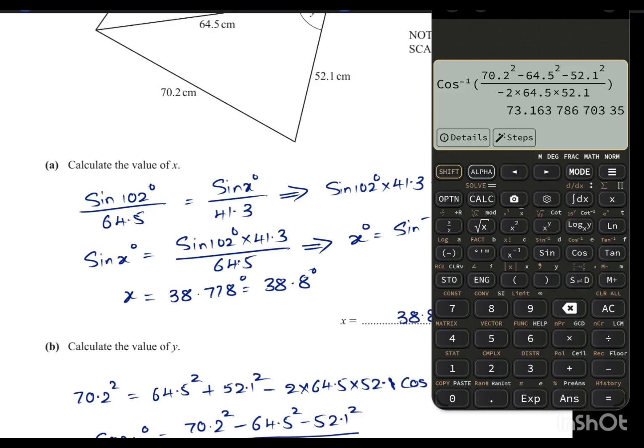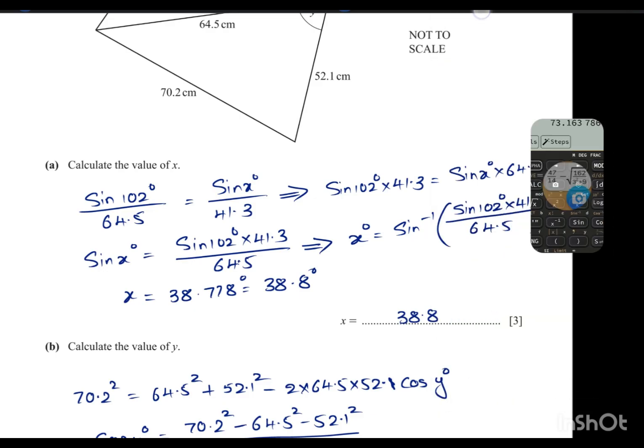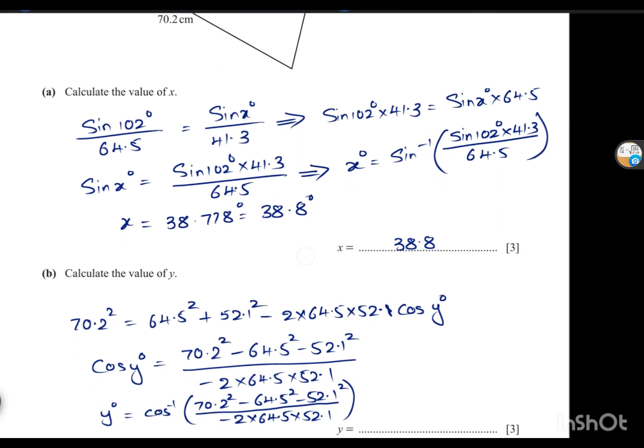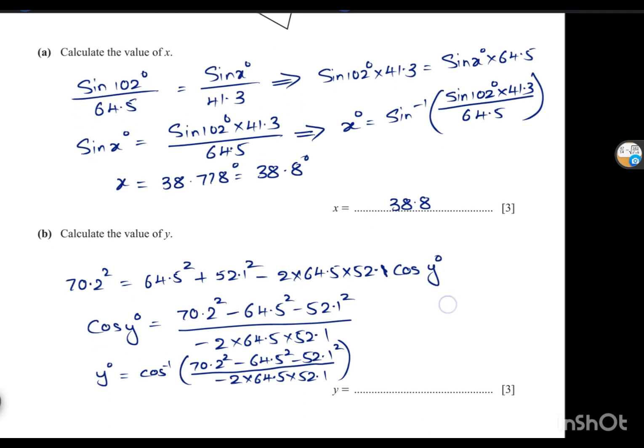Yeah, so it is 73.163. So it can be written as 73.2 square. Not square, sorry, 73.2 degrees.